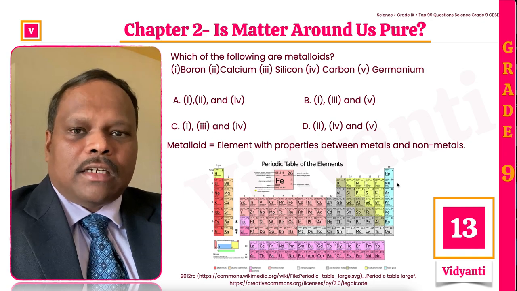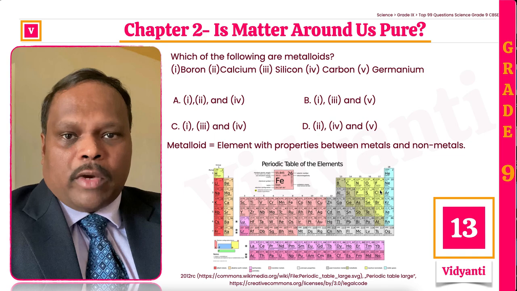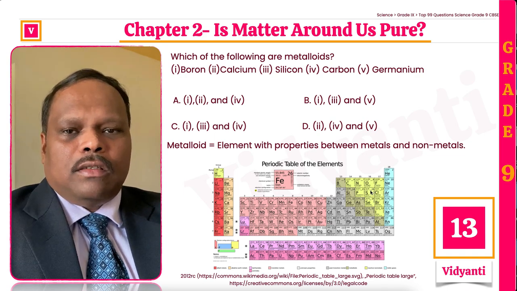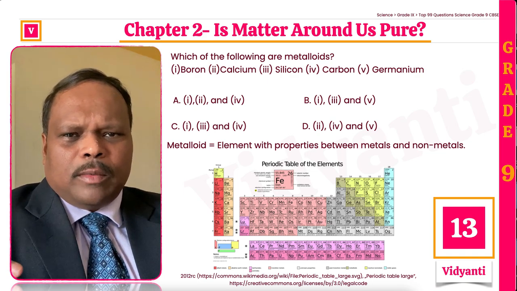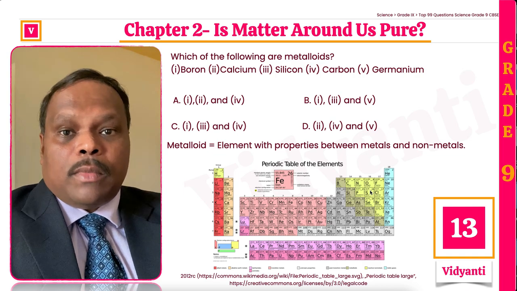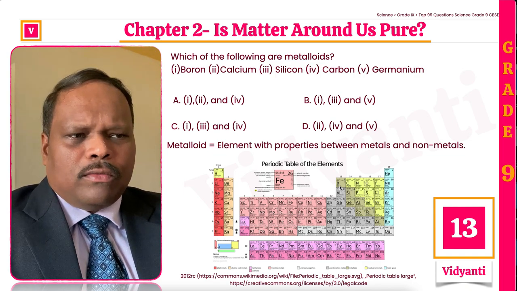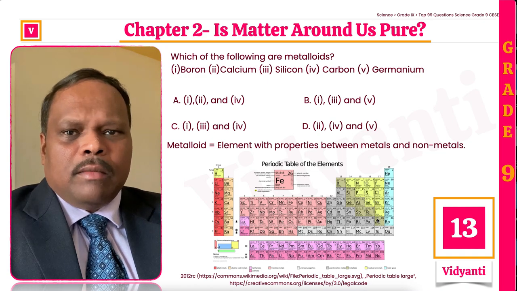On the right hand side of the periodic table, we have either noble gases or non-metals. And what will happen in between? In between, we will have metalloids, which will be in between metals and non-metals. And in this color we have boron, silicon, germanium, and so on. So these are actually metalloids. They are in between.